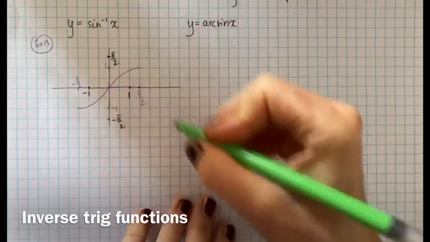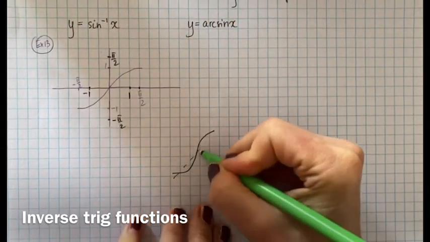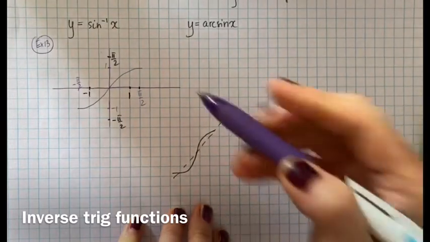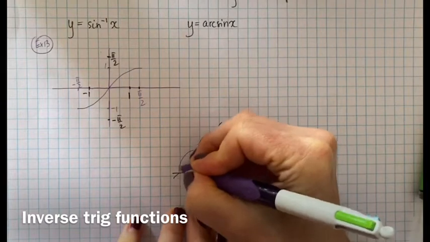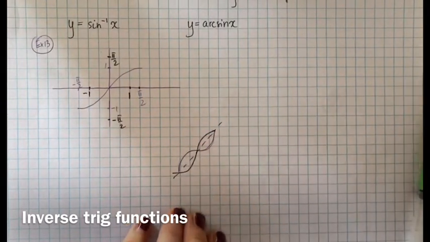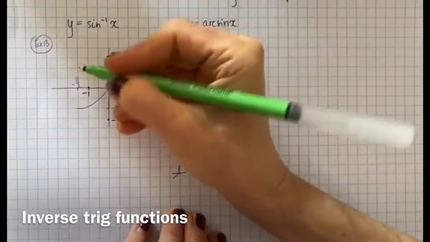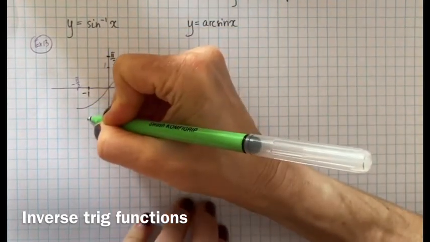In terms of sketching, you want to flip this graph, which is your sine, in this line. So you need to draw that shape, a little bit like an S shape. We start with that point here and end with that point, drawing that graph.